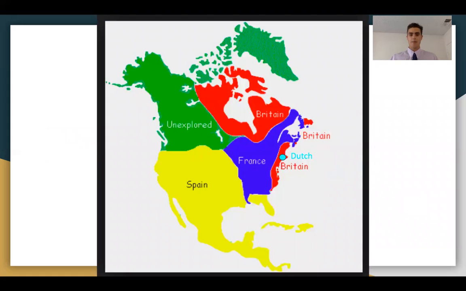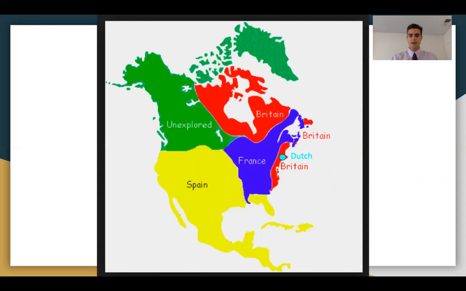This is a map showing the 4 main countries that were a part of North American settlement. In red, we have the British and the land that they took over. In blue, there's the French, the British rivals in world history. They were right next to each other.